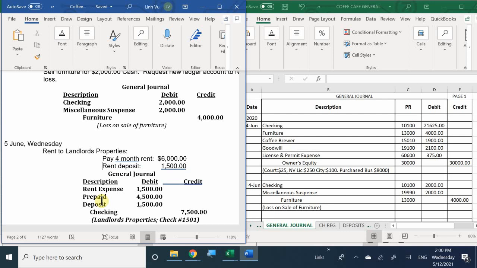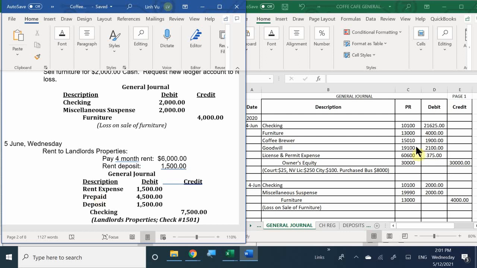So we're going to create a rent expense for the month of June, the current month that we're using, so we're expensing it right there. Then we recognize that we're making a payment for 3 months of rent, prepaid rent. And then, of course, we have to recognize that we have a rent deposit. So those are 3 things that we're going to take a look at.